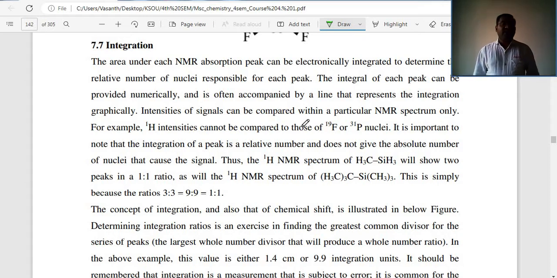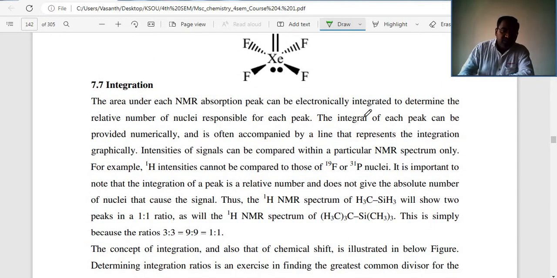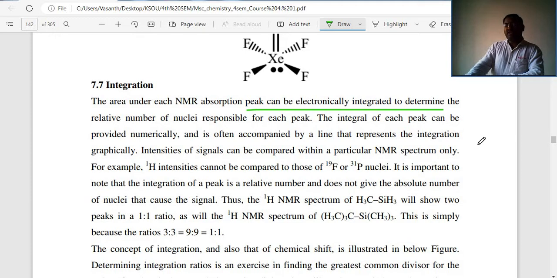Here, what is the integration? The area under each NMR spectrum peak can be electronically integrated to determine the relative number of nuclei responsible for each peak.